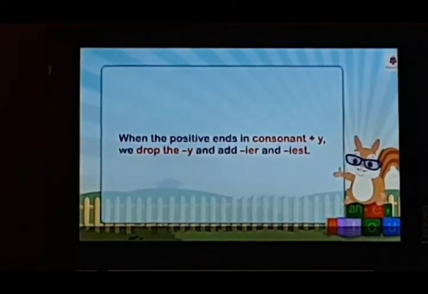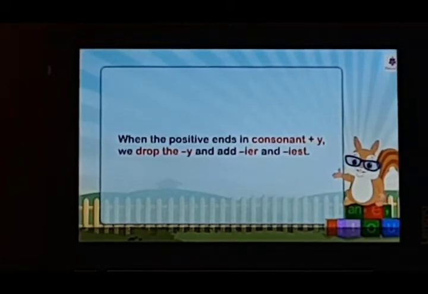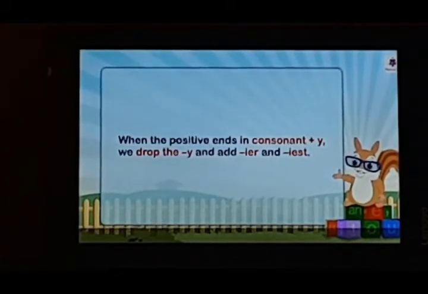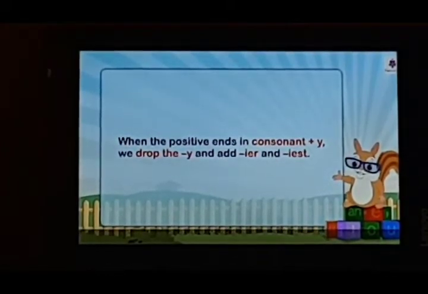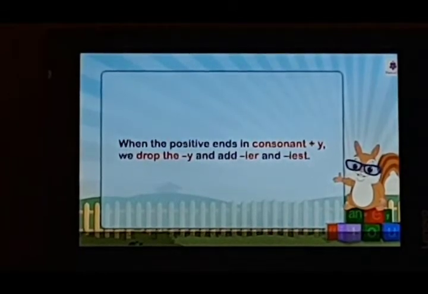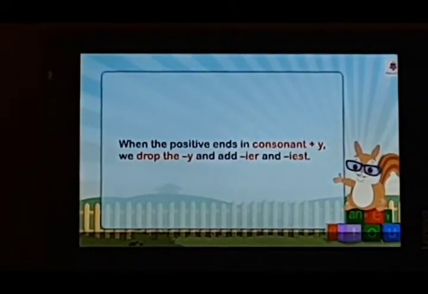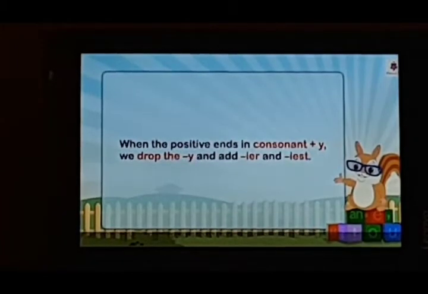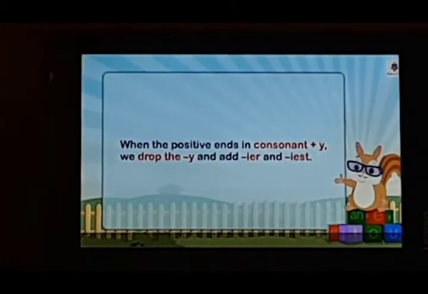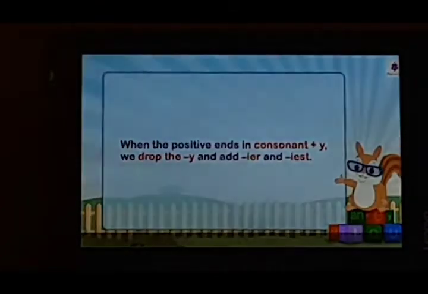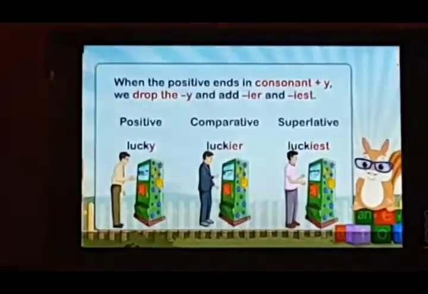So what does it mean? If the word ends with a consonant and after that we have Y, we don't write Y, we just omit Y, and instead of that Y we put I, and then ER and EST is the regular form.